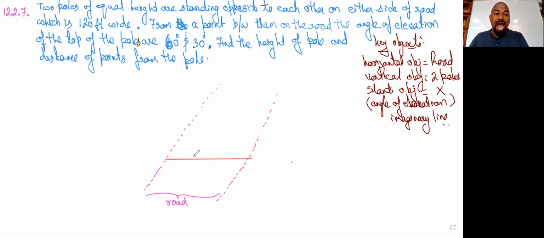Now, as it is not possible for me to draw the whole road, I take A as one end of the road and B as the other end of the road. Here the width of the road is not mentioned for us.